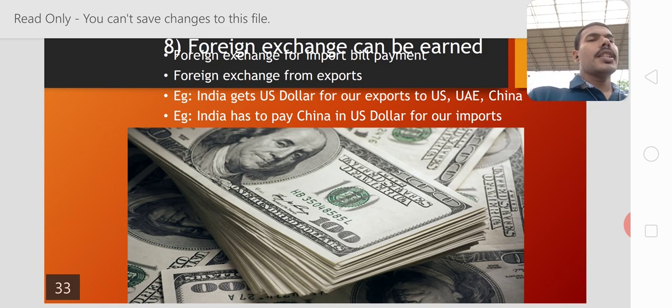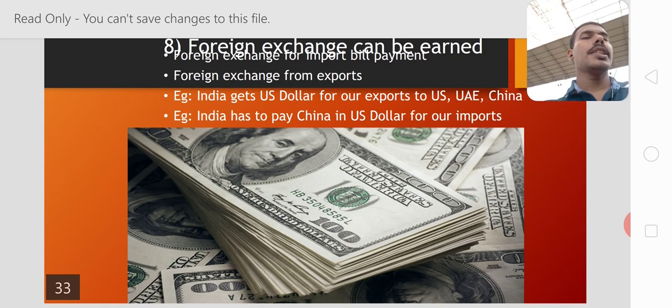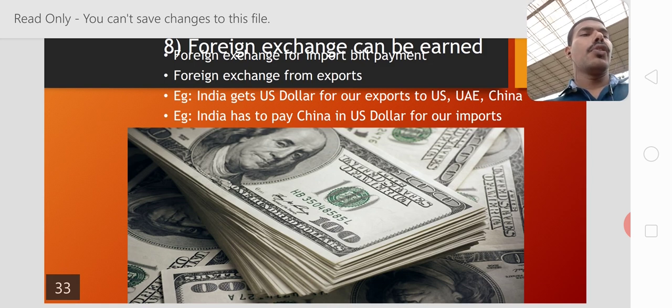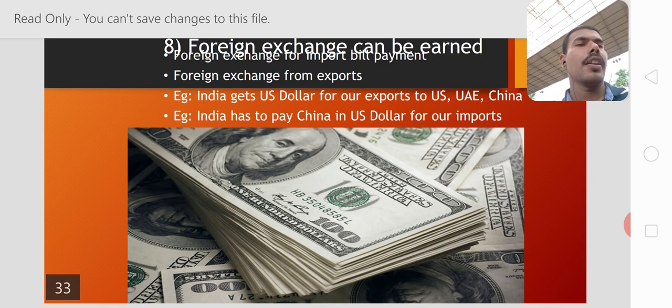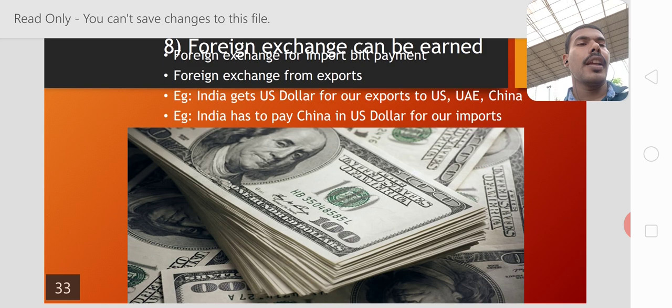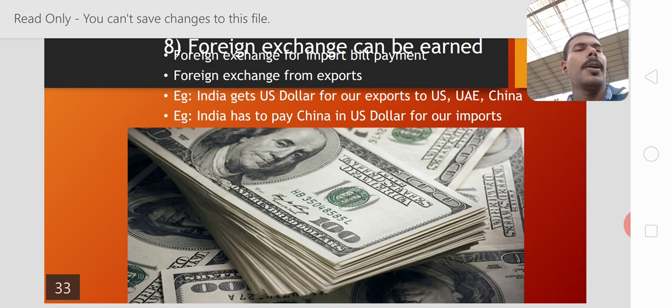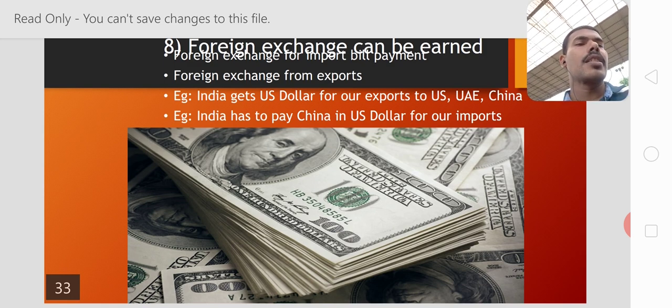So foreign exchange is used for servicing the import bill. For making import bill payment, we need foreign currency. Foreign exchange is required for making foreign investment abroad. Foreign exchange is required for keeping a minimum reserve for printing currency.